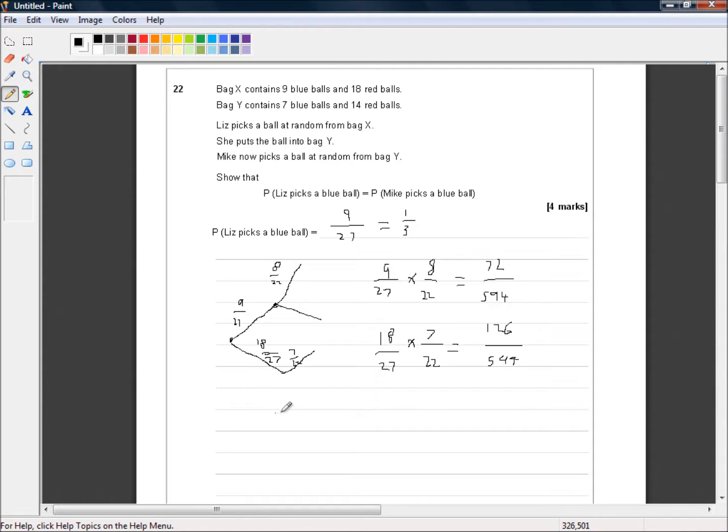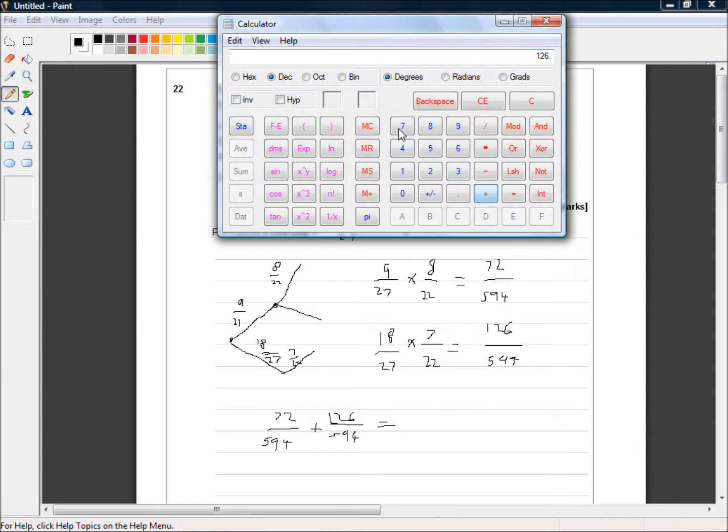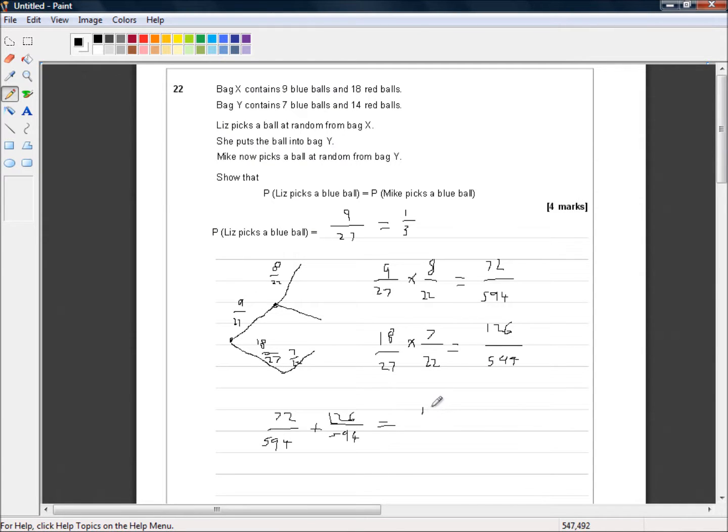So that's 72 over 594 plus 126 over 594 is equal to, so if I just add 72 and 126, 198 over 594.